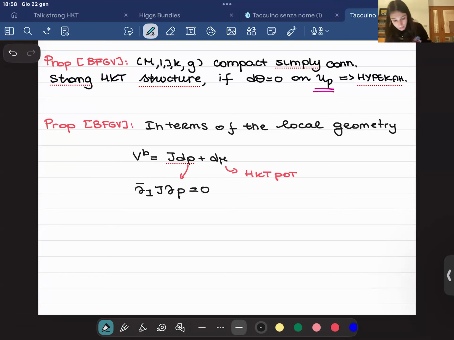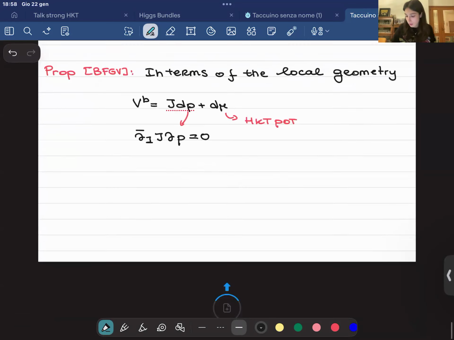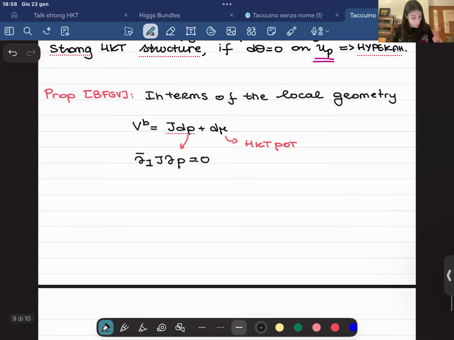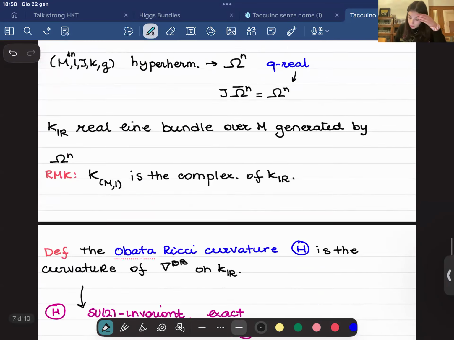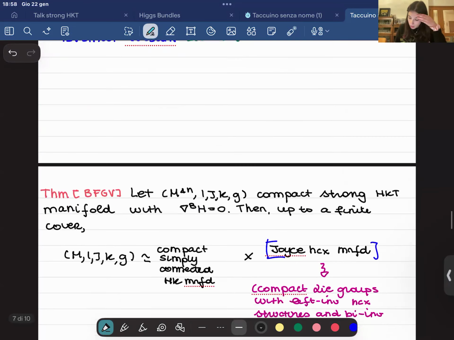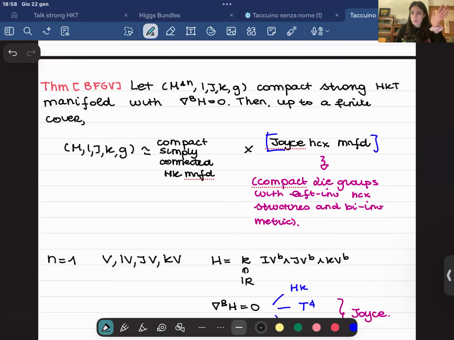Okay, now I don't really have enough time, but I want to mention only the last result of the paper. So let me go back to the splitting theorem. As I told you, we don't have, at least except for the Witten example without parallel torsion.